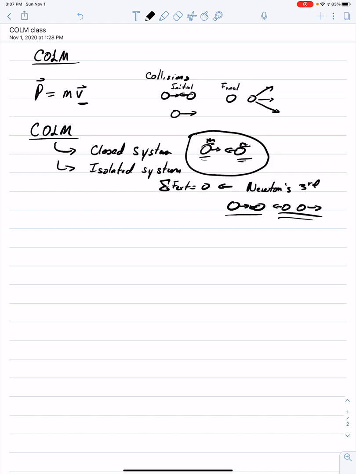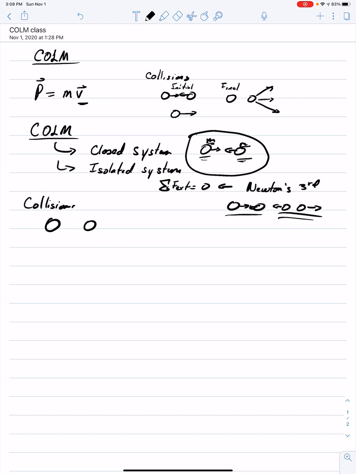Now that we understand conservation of linear momentum and what it means, you also have to understand that the reason why we can conserve it is because we don't care what happens in between. Let's talk about collisions. We don't care what happens in between that collision.